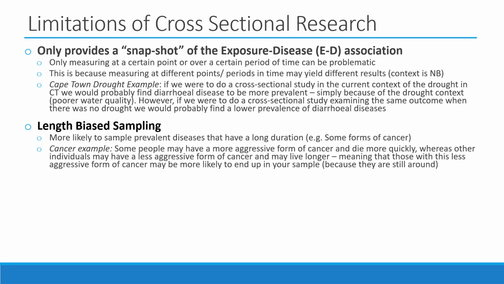Looking at a particular point in time from a starting point, maybe those who had the more aggressive forms have already died when you measure it. So you will underestimate the prevalence of the more severe forms, whereas if you follow people through time, you will see this.